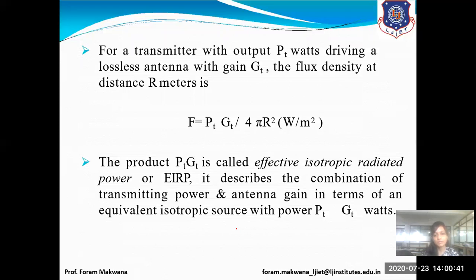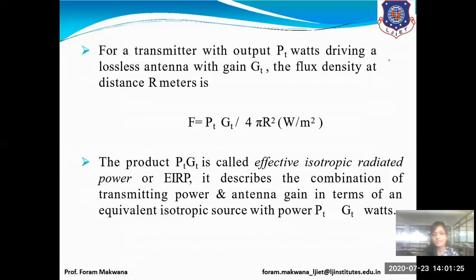If you want to consider the antenna's specific gain, because whatever we are going to transmit depends on how much distance is going to be covered as well as the gain of my antenna. If we consider a transmitter with output PT watts, considering a lossless antenna with a gain GT, we are considering our antenna has a gain GT.